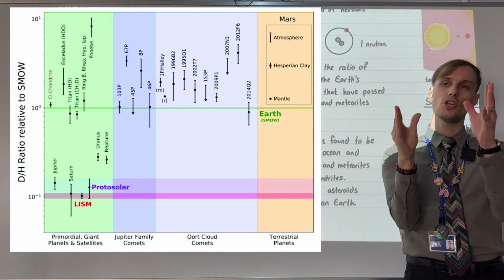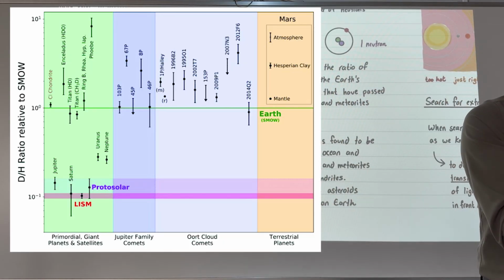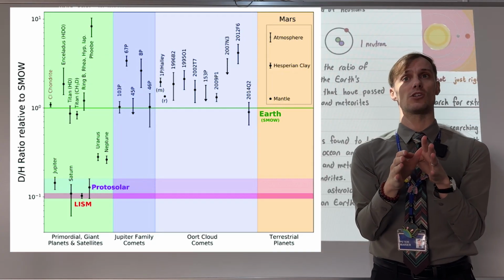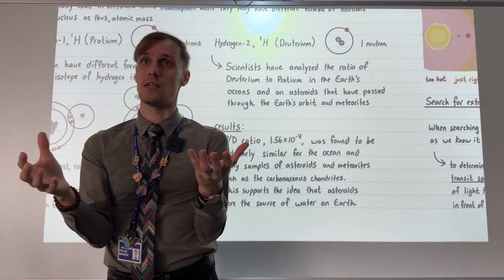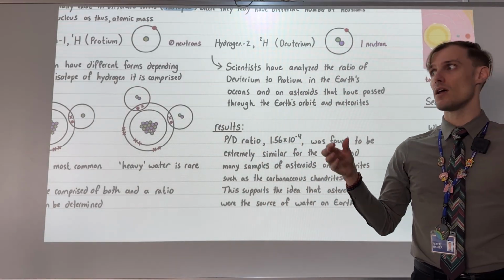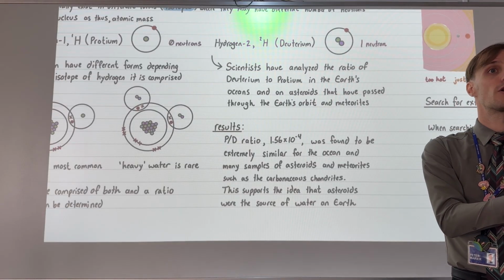And what we found is that it is extremely similar, very, very similar. So the ratio of these isotopes found in our oceans was found to be extremely similar to the ratio of isotopes in asteroids. And so for that reason, it's a very strong piece of evidence to suggest that these are likely the origin of this water in the first place.